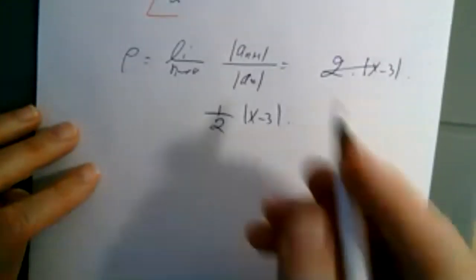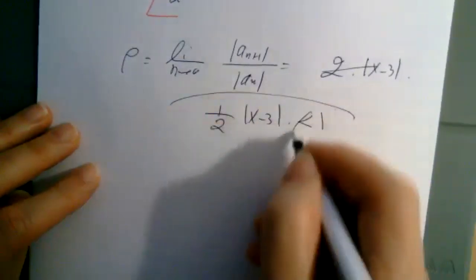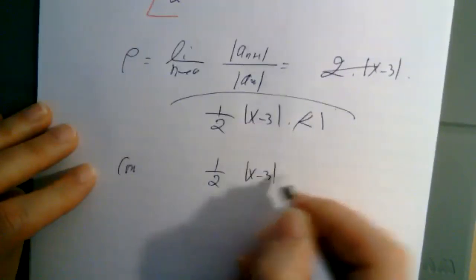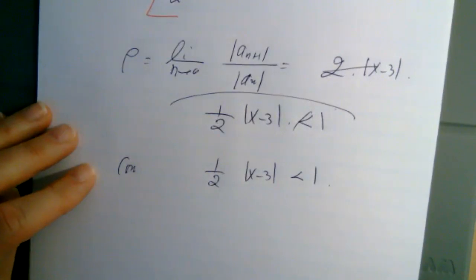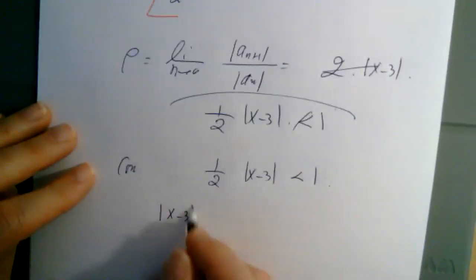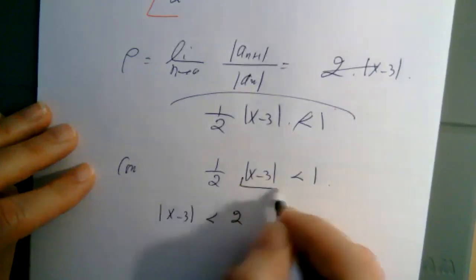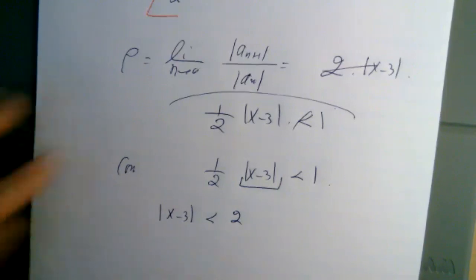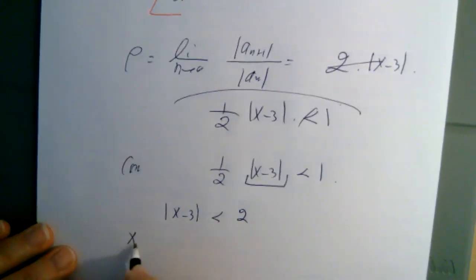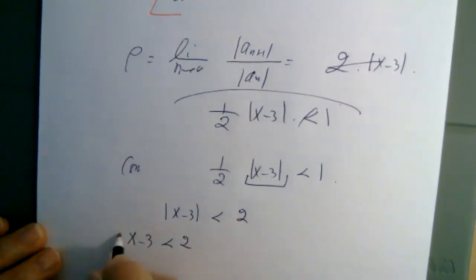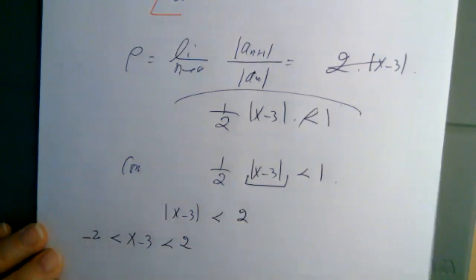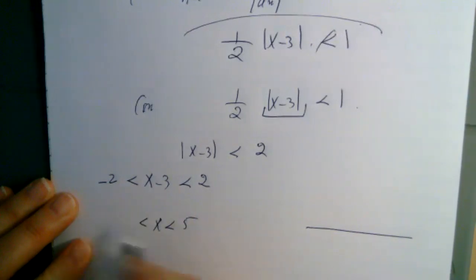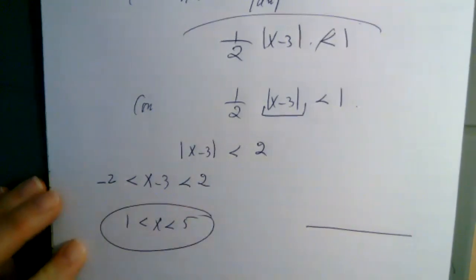And then you're going to argue the same. You want this to converge when this quantity is less than 1. It means when x minus 3, you isolate this, is less than 2. First I do it algebraically. It means x minus 3 is between 2 and minus 2. It means x is between 5 and 1.